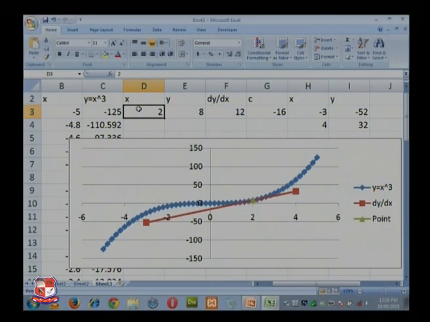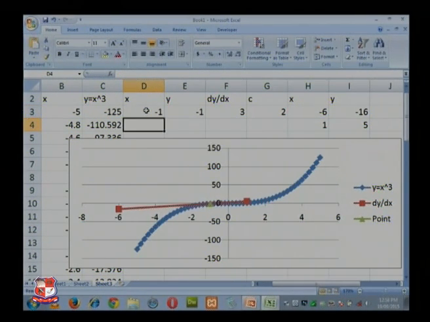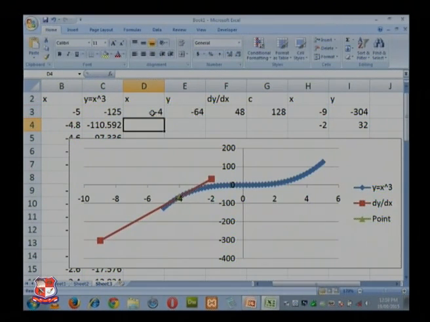If it is 0, and you see how easy this is with the computer. Now you can check so many points: at minus 2 what will be your slope, at minus 5 or minus 4 what will be your slope. You can see it is always changing.